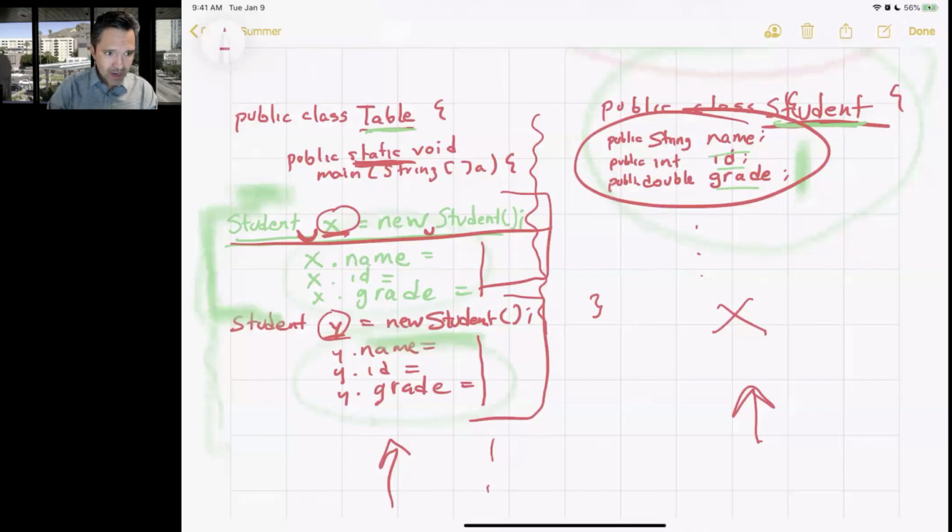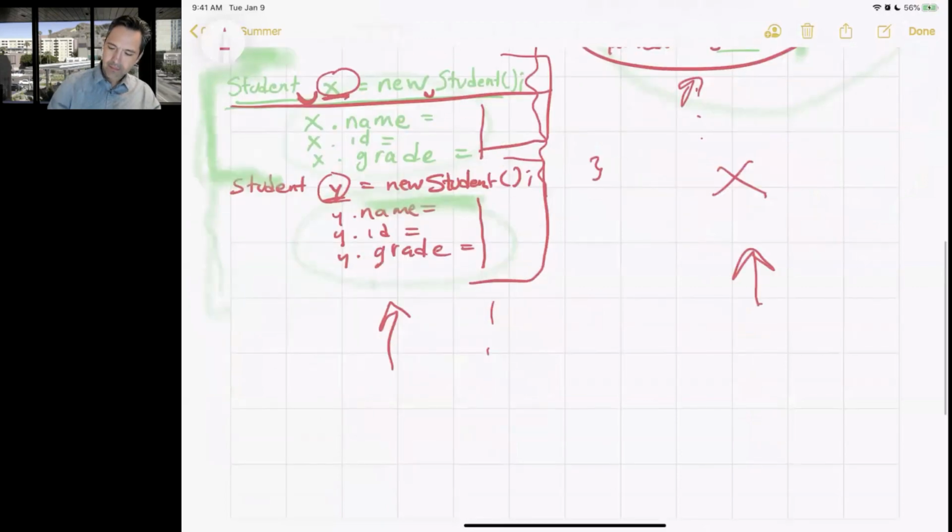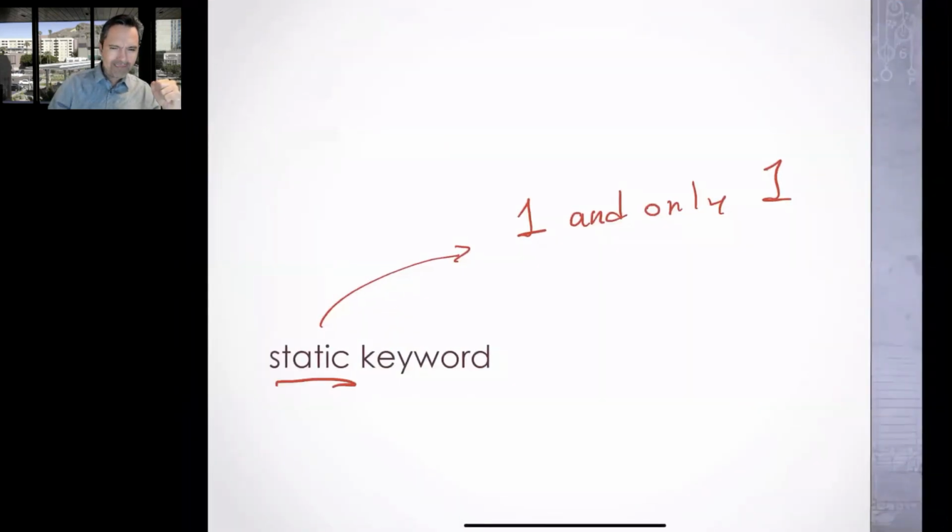So now that you read this, it's like, oh, static, unique. No static, those are going to be objects, clones, copies. Now, I showed you main, but that is easy.